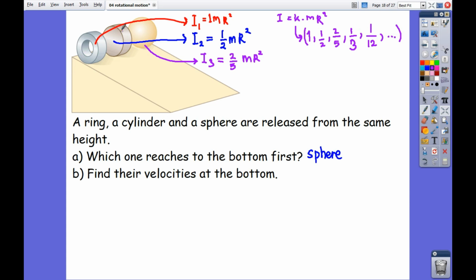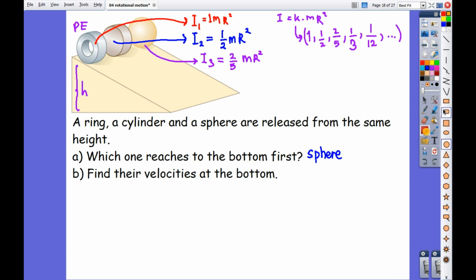Look at here. The object at the beginning has a height of H. So at this point, each of the objects has potential energy, while they don't have kinetic energy because they are not moving yet.